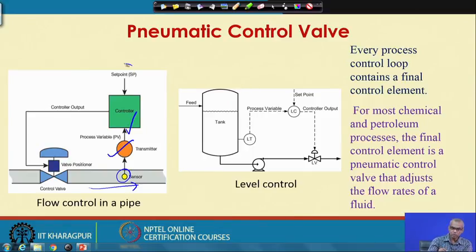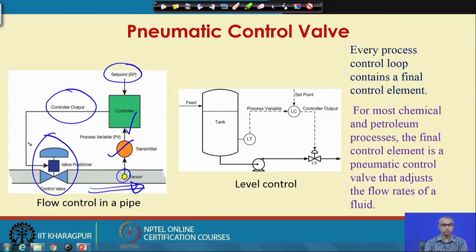The controller has the information about the set point regarding the desired value through this pipe. So, the controller compares the measured flow and the desired flow and generates a controller output. This controller output is fed to this control valve, which is a pneumatic control valve.